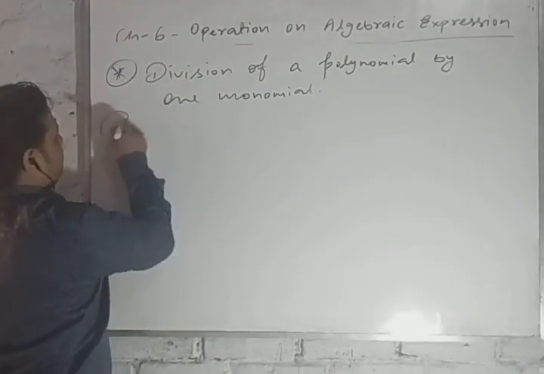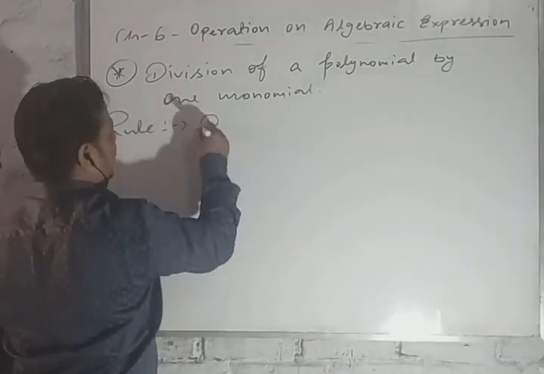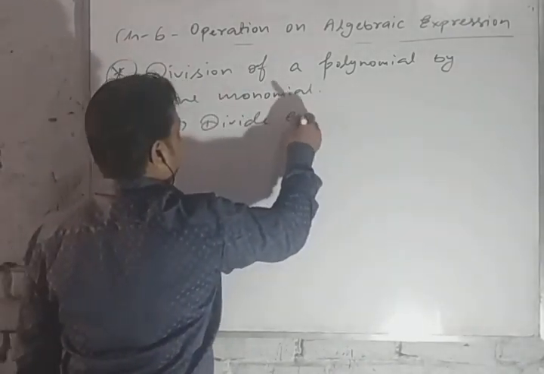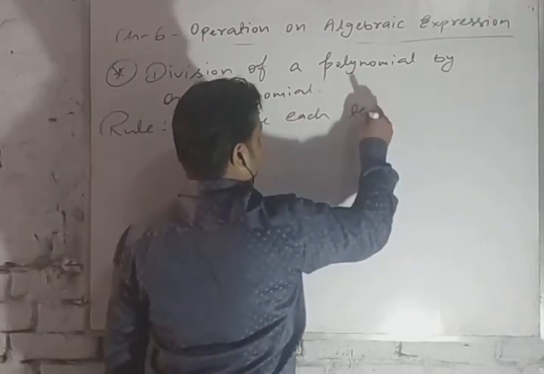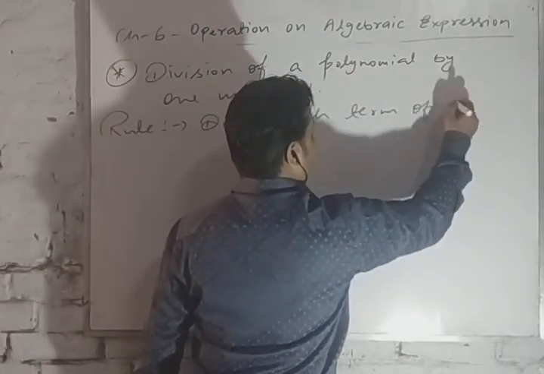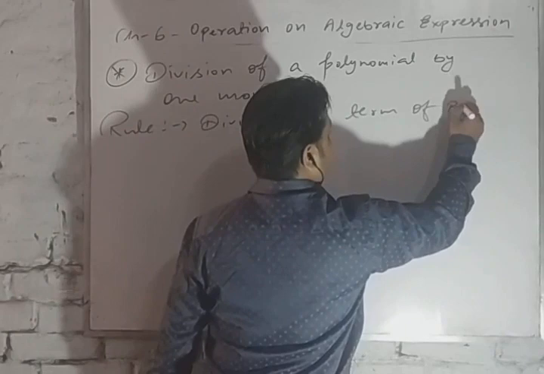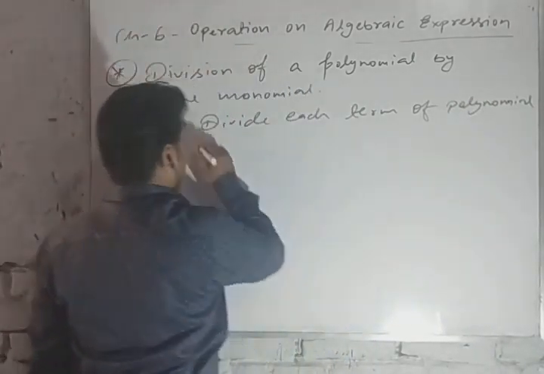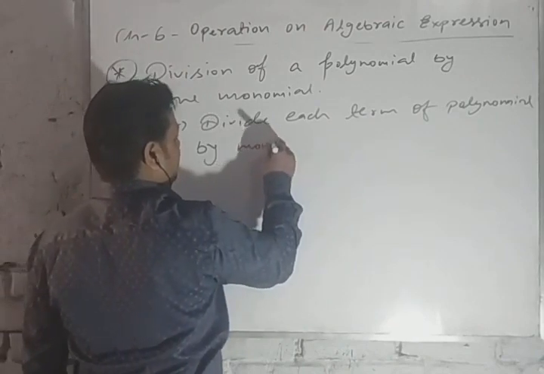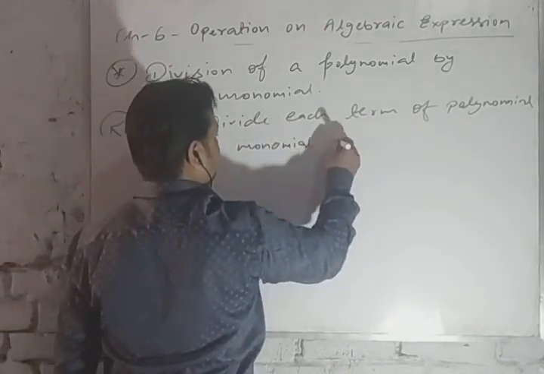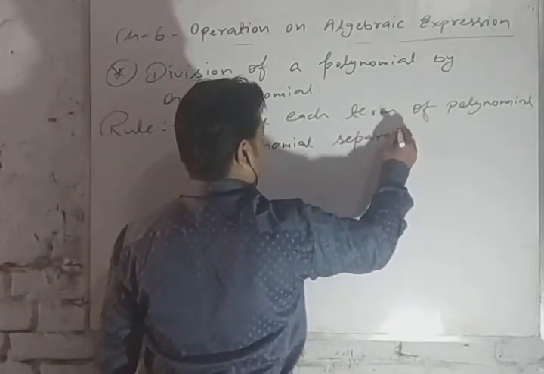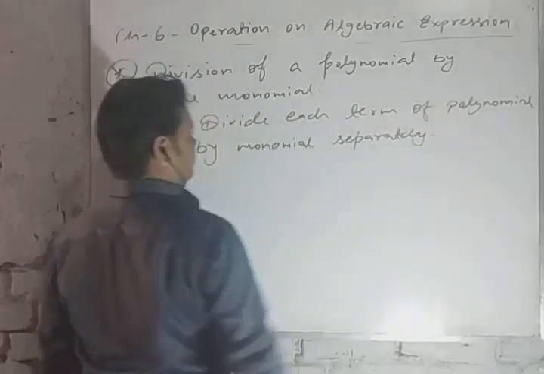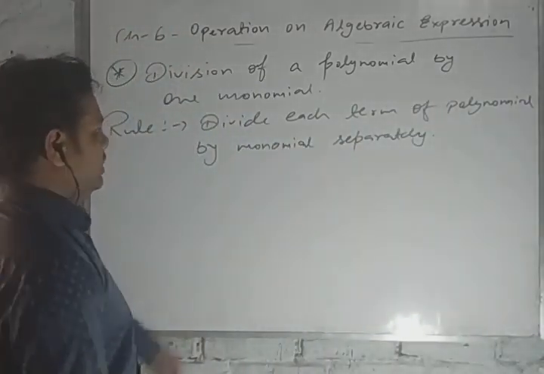The rule is, divide each term of the polynomial by the monomial separately. Okay, so these are the rules.